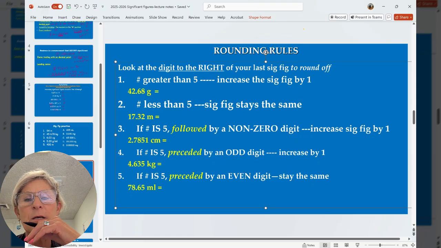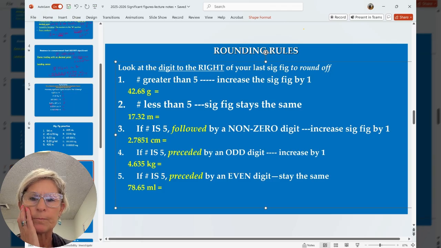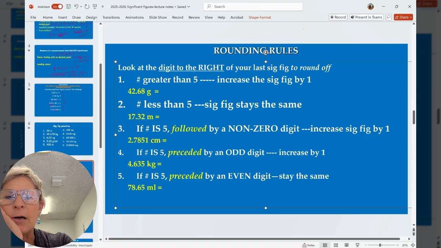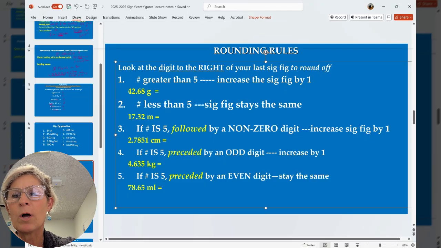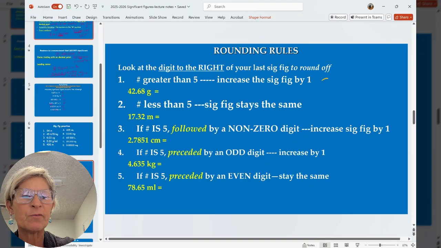Okay, so it says, look at the digit to the right of your last sig fig to round off. If the number is greater than 5, increase the sig fig by 1. So let's say for this example I want to round my answer to 3 sig figs.